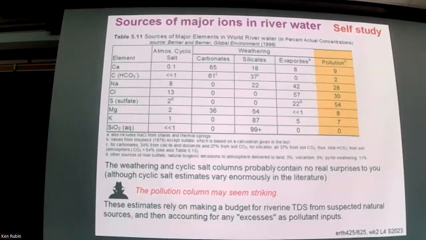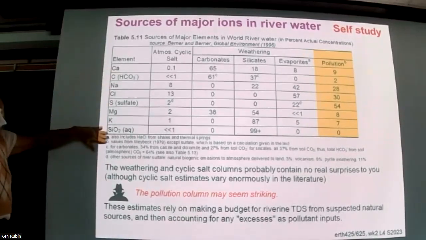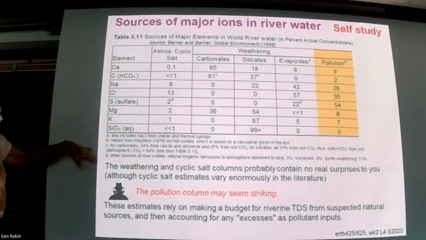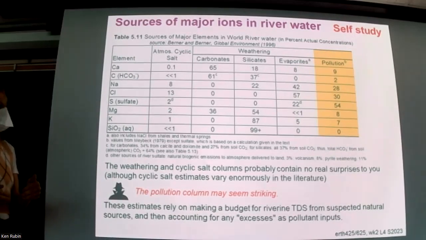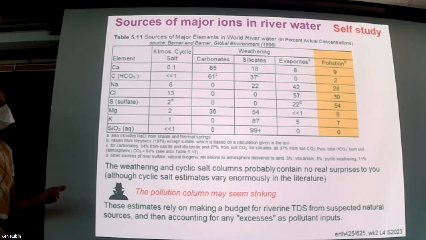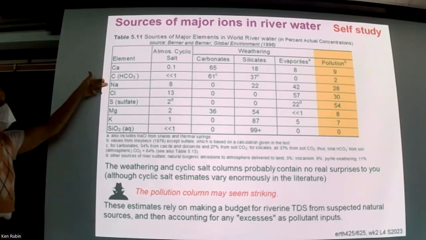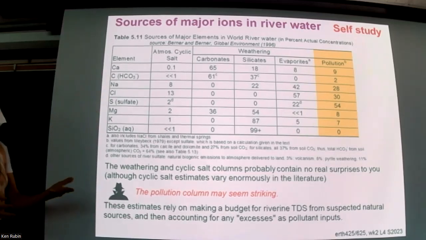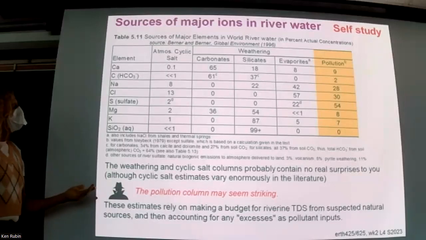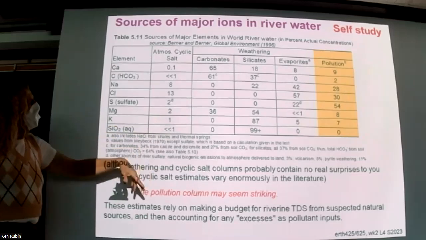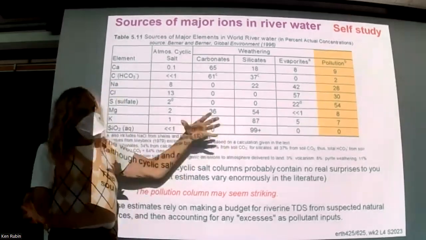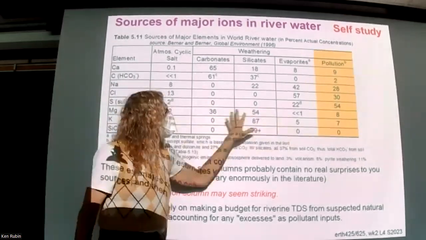And finally, this is a table for each of the major elements we've been talking about that reminds us that sometimes it's a little bit difficult to assign a process to certain ones of these very prevalent ions that are affected by evaporation and precipitation. So atmospheric cyclic salt is the salt coming from marine aerosols. It can be divided up. There's also weathering of those three types of rocks.